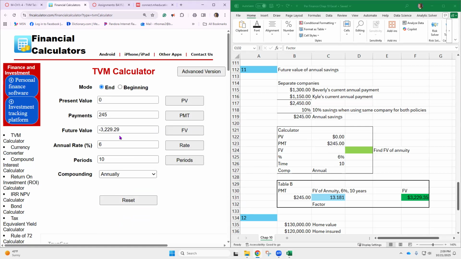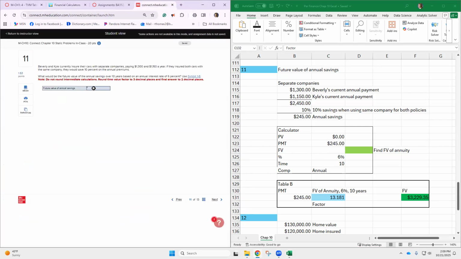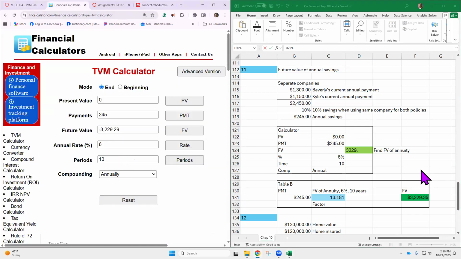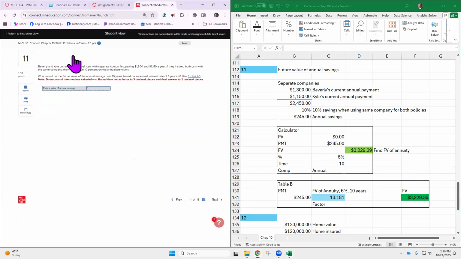Yes, $3,229.29. So either one should work. So here's how much the calculator says. Either one of those should work.